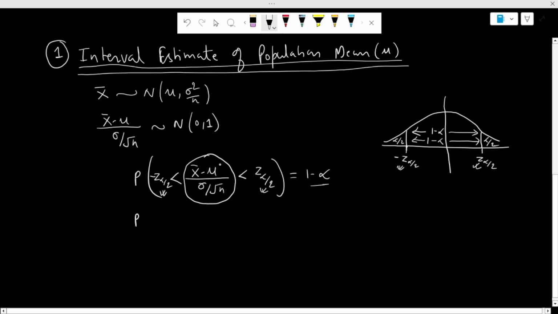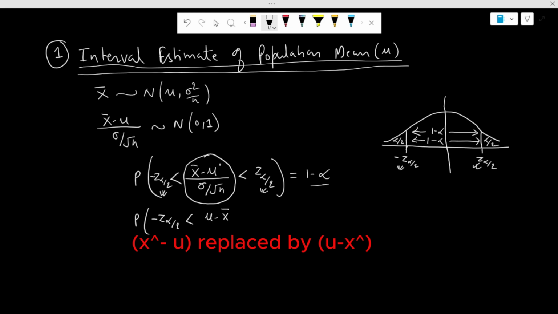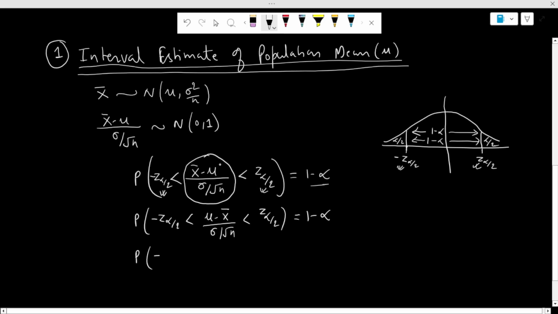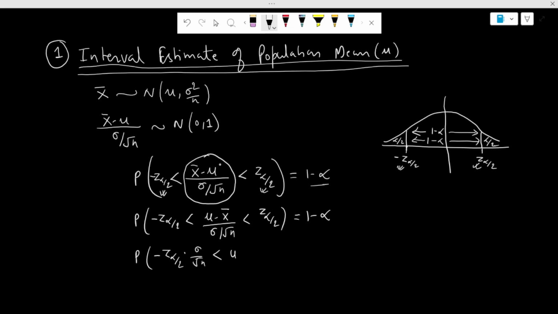Now if we operate the cross multiplication, we get minus z alpha by 2 into sigma root n less than mu minus x bar, which is less than z alpha by 2 into sigma root n, since we multiply sigma by root n to this part as well. This is equal to our confidence level.